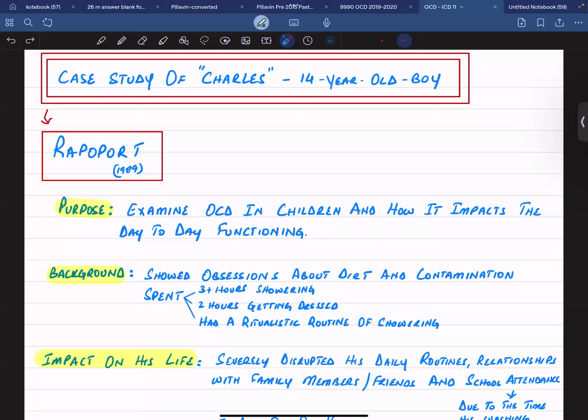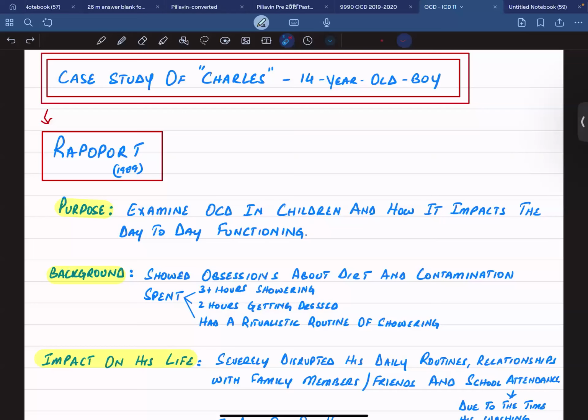So this young boy, Charles, feared germ contamination, to put it in the most simplistic form. If we talk about his background, he showed obsessions about dirt and contamination. When I say this, what I mean is, it might not be correct to say all he had in his mind, but most of the day he would have these intrusive, persistent, unwanted thoughts that kept him disturbed, thoughts about dirt, thoughts about contamination.